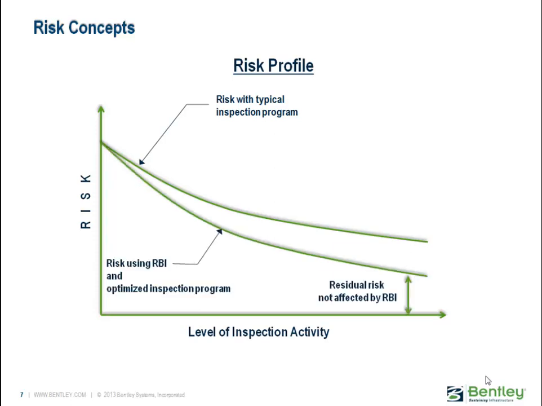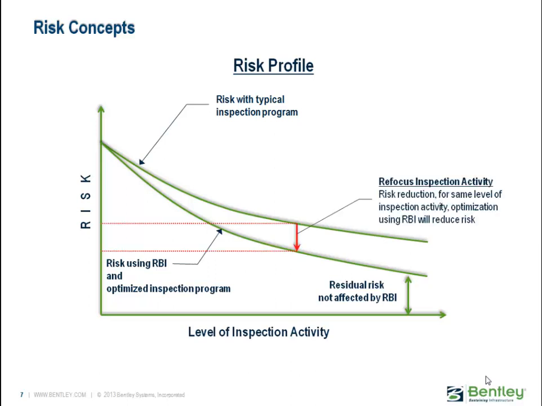By implementing a risk-based strategy, we can achieve a better risk profile in two ways. First, by refocusing the inspection activities on more critical equipment and deferring the inspections from less critical ones, the overall risk level of a plant or facility can be reduced without increasing the overall level of inspection activities in that plant.